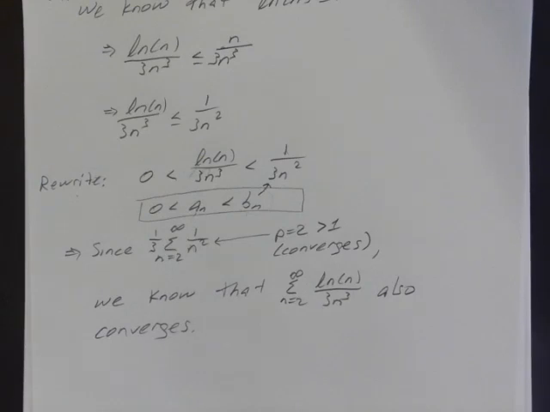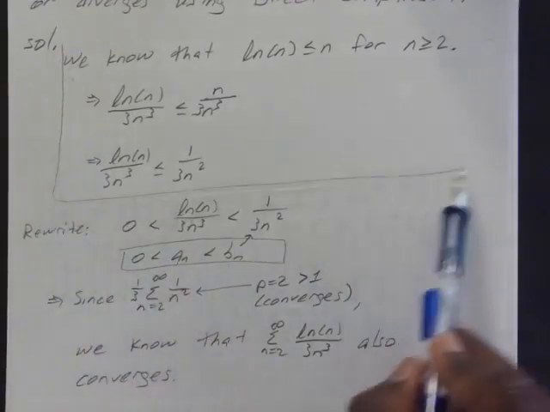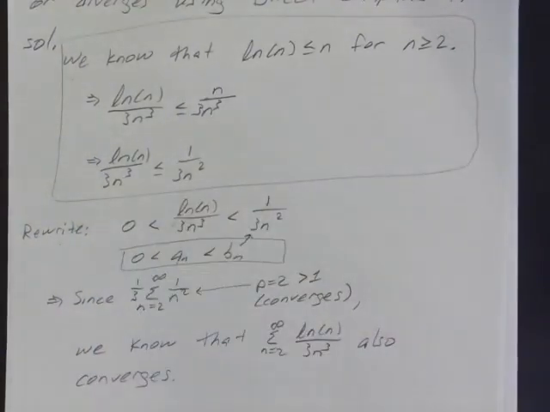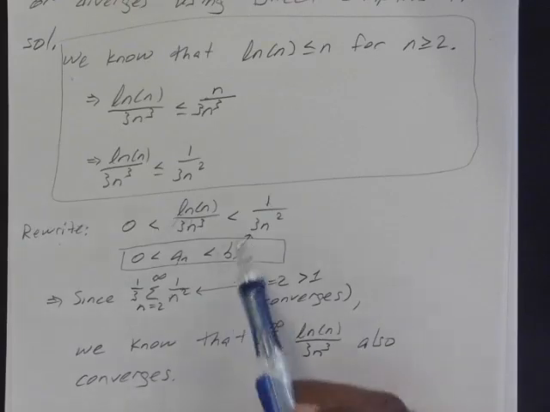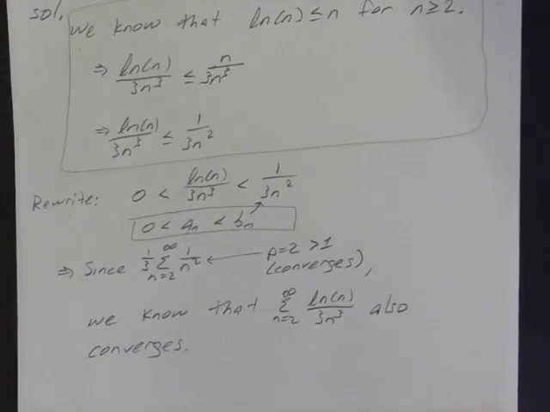So the hardest part of this is finding a series to compare it to, and this part here is just my thought process in finding a series to compare it to. Then once you find a series to compare it to, you do your convergence or divergence using the direct comparison theorem.